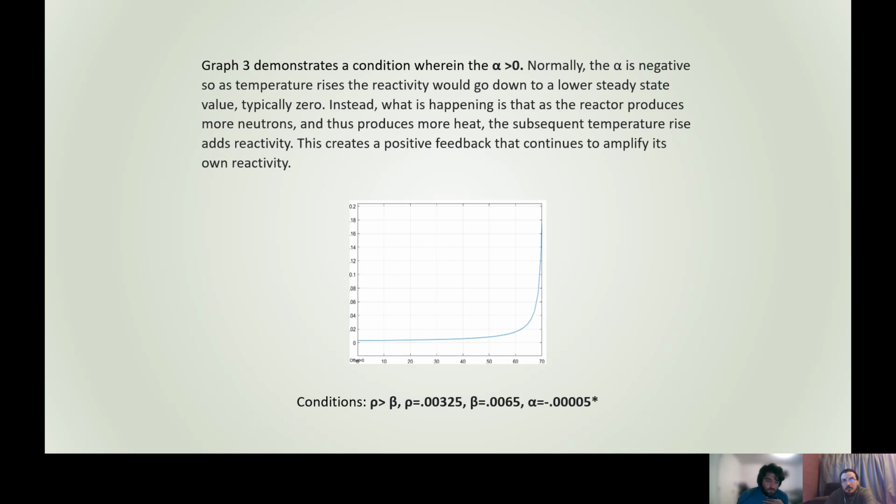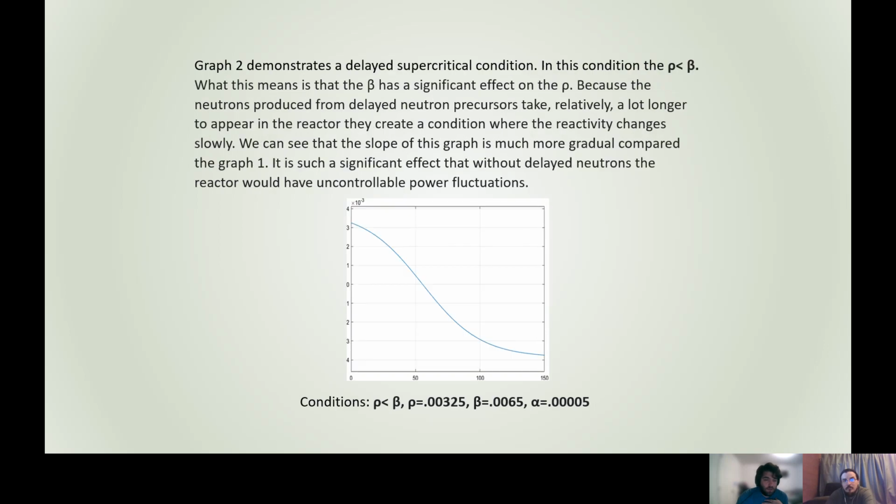If you look at the ones prior, you can see how the reactivity gets much larger than the delayed neutron fraction. We hit a prompt critical condition, and the reactor will become uncontrollable. The other ones, such as graph 2, had a negative temperature coefficient of reactivity, and we can see how it pushes the reactivity down to a steady state condition.